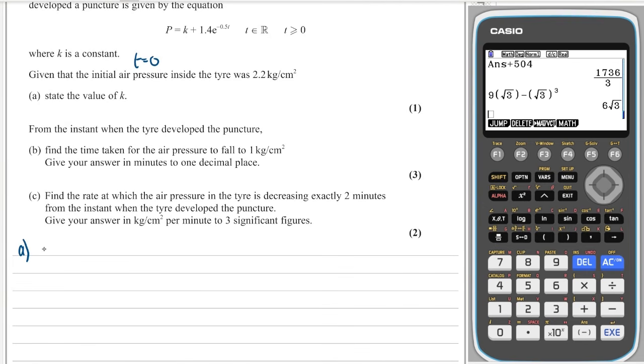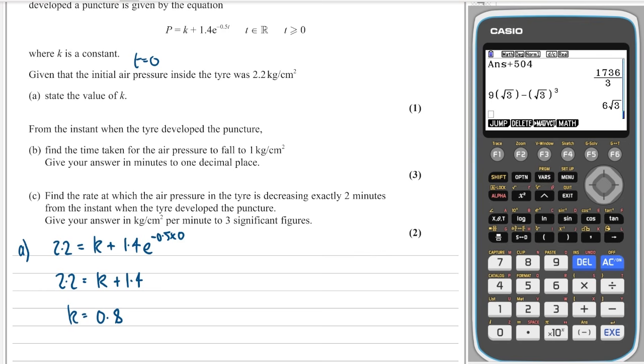So part A, we say that 2.2 is equal to k plus 1.4 e to minus 0.5 times 0. So 2.2 is equal to k plus, and e to the 0 is just 1. So 1 times 1.4 is just 1.4. So therefore it follows that k is equal to 0.8.